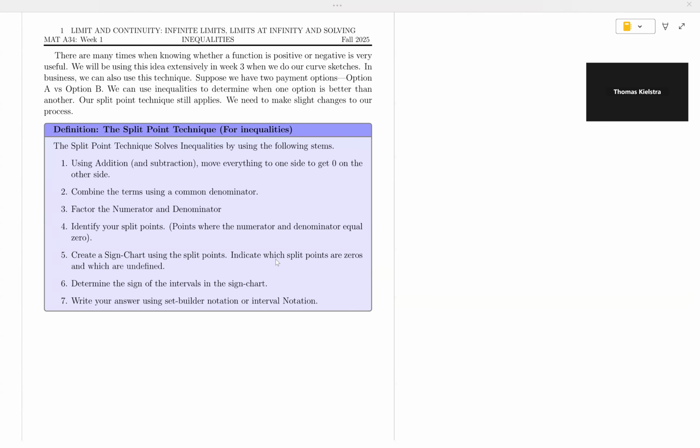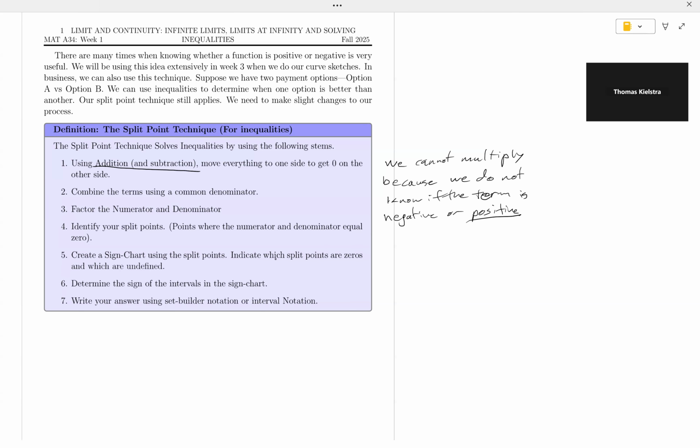When working with inequalities, the challenge is we cannot multiply, because we do not know if the term is negative or positive. So because we can't multiply, we're going to use addition or subtraction.